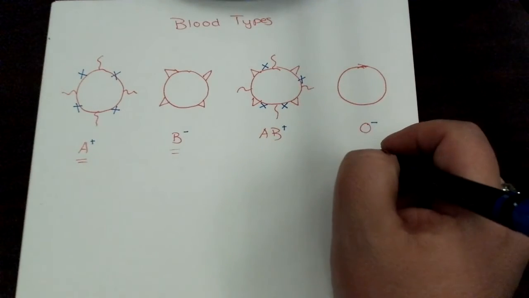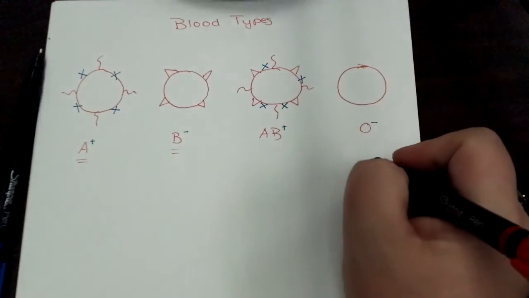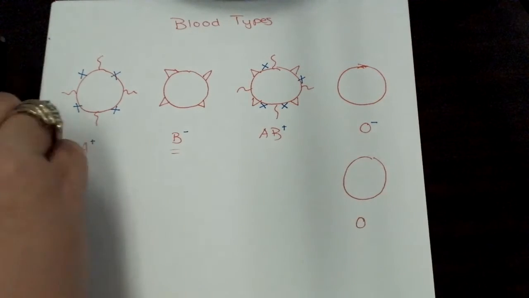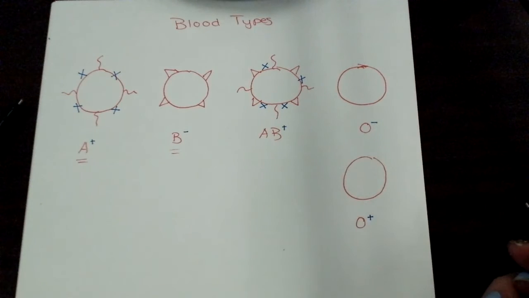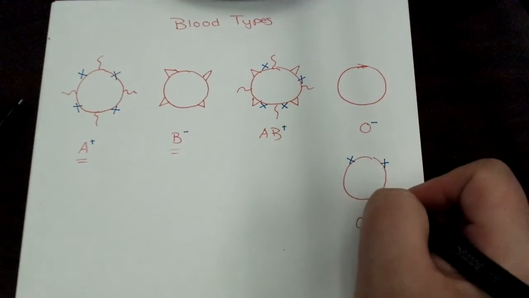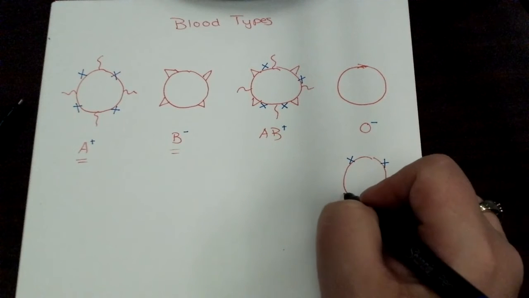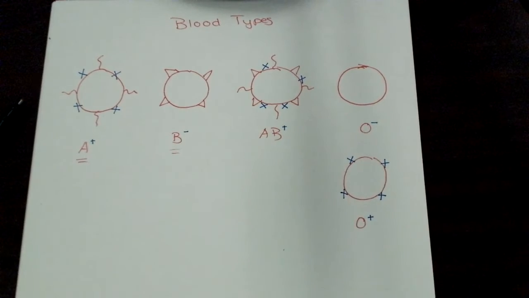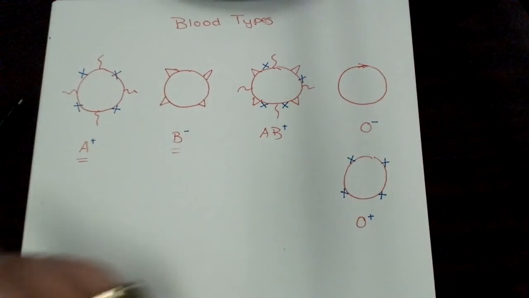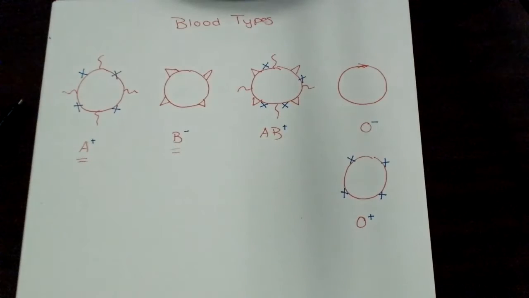If it was O positive, though, it would just have the little X's because it doesn't have any other antigens. Okay? So when it's positive, that means that it has the RH. If it's negative, it doesn't have it, okay?